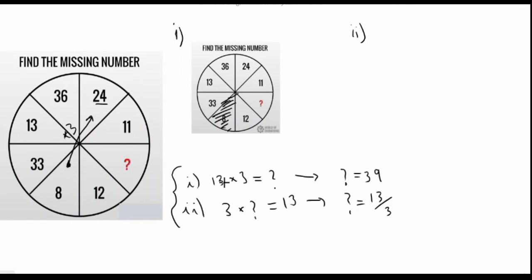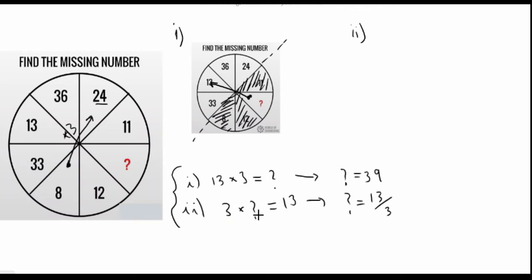So 8, okay, we have the 11, because 11 times 3 is 33, and 12, because 12 multiplied by 3 gives us 36. So if we think this way, in order for the other starting points of the arrow to start on the same side, the orientation of the arrow should be this.